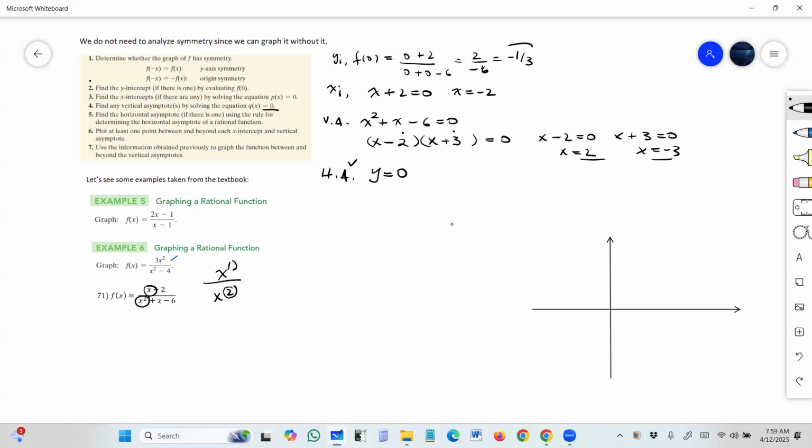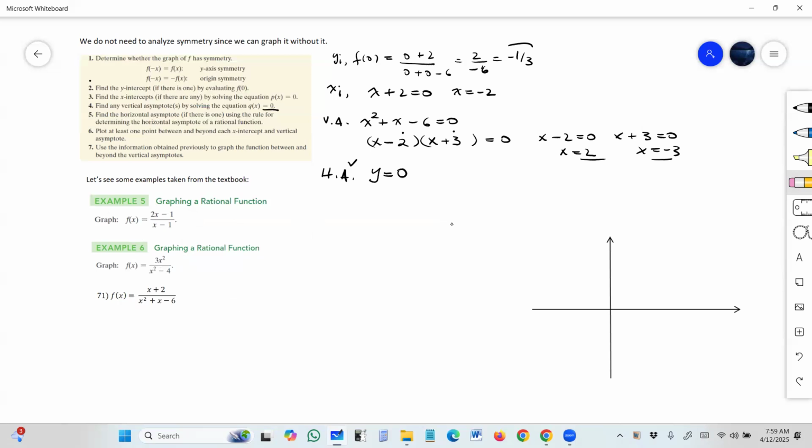We saw the other case in both examples 5 and 6, where when they are equal, then the horizontal asymptote is the ratio of the leading terms. And the case that we didn't see is if the numerator exponent is higher than the denominator exponent, and in that case, there is no horizontal asymptote.